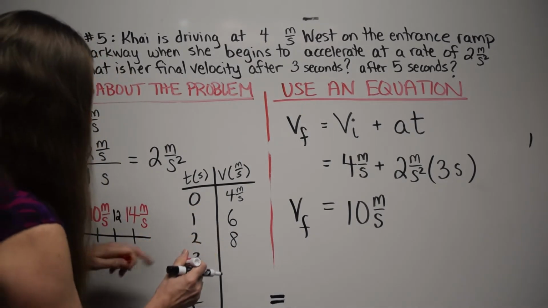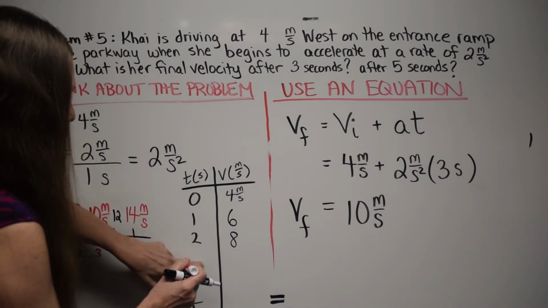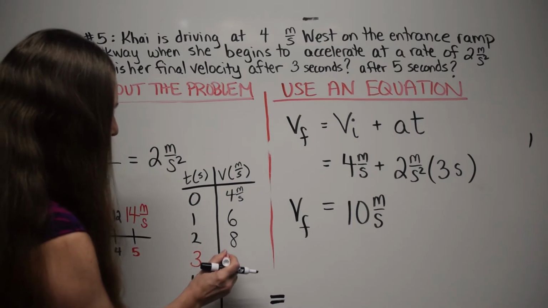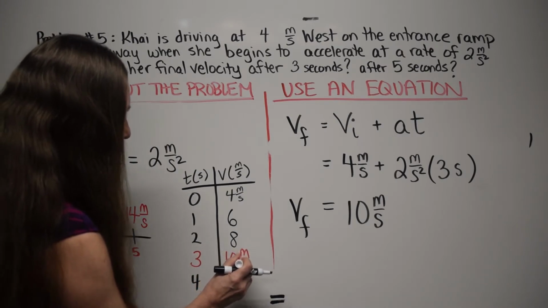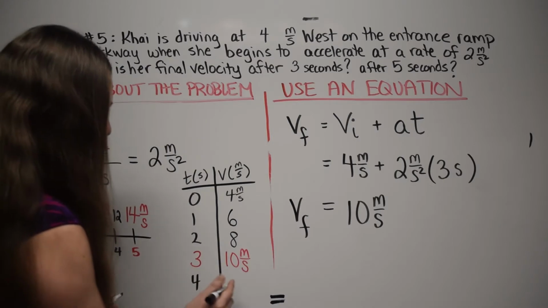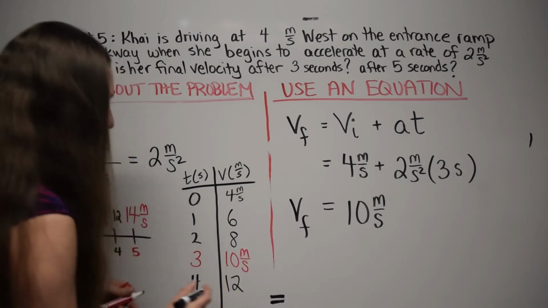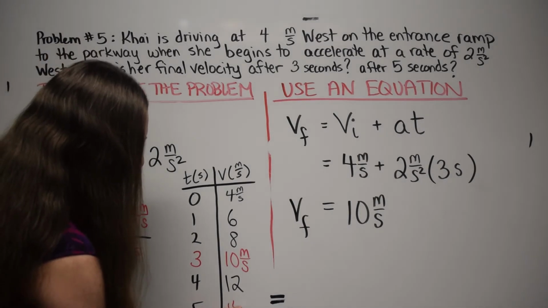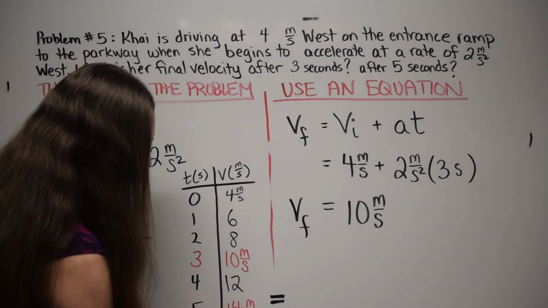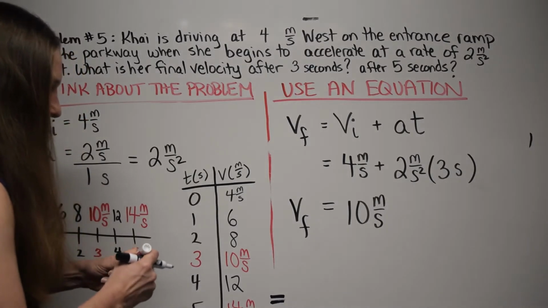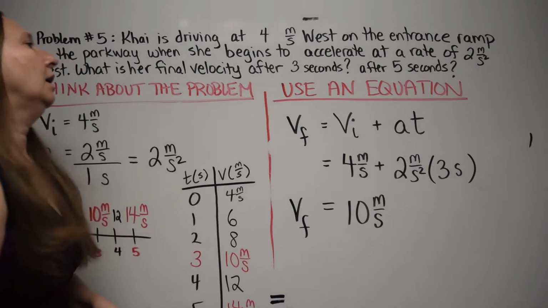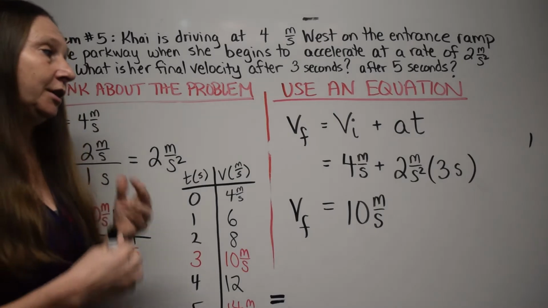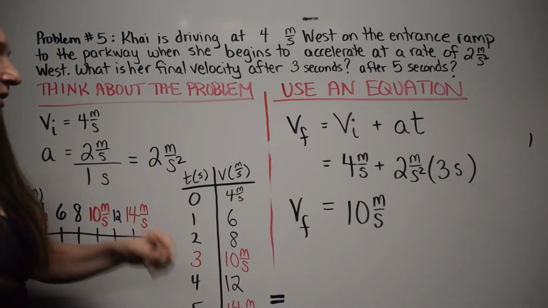After 3 seconds, that's the question that we're trying to answer, her velocity would be 10 meters per second. After 4 seconds, 12 meters per second. And after 5 seconds, 14 meters per second. Okay? Not that difficult a problem to think about. We've got some nice answers here.